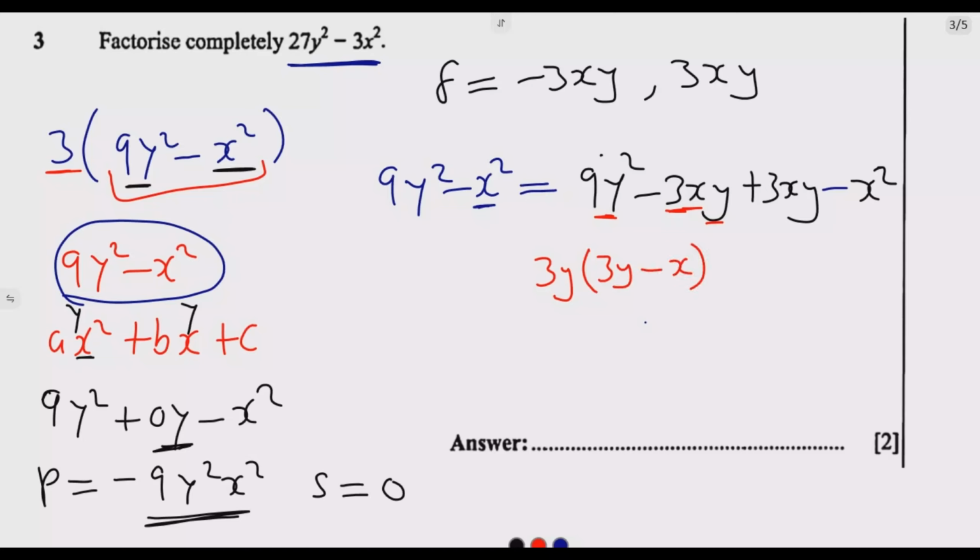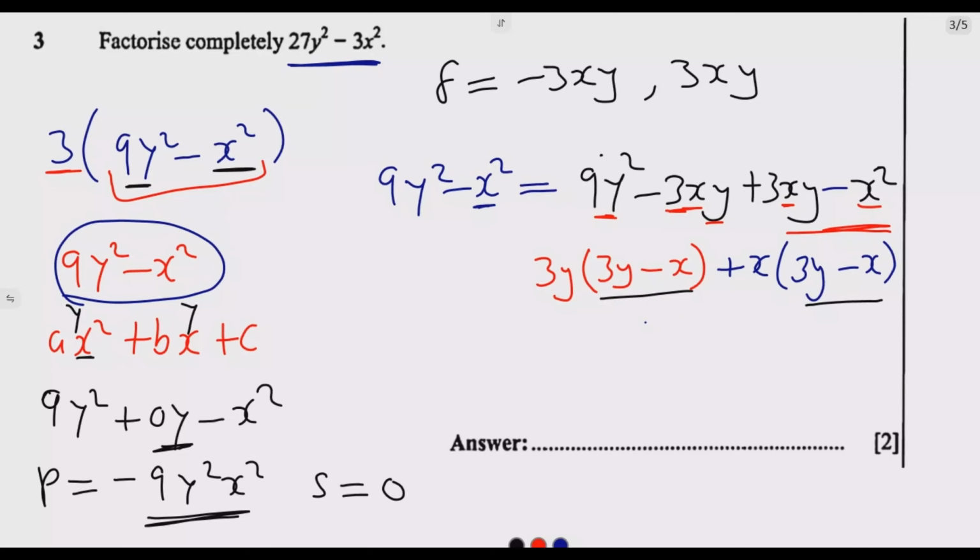Then again, what is common there is x, so x here and x here can go out. So there I'm going to have plus x, then 3y minus x. What is key is ensuring that what is in brackets here are the same. If they're different, you would have made a mistake.